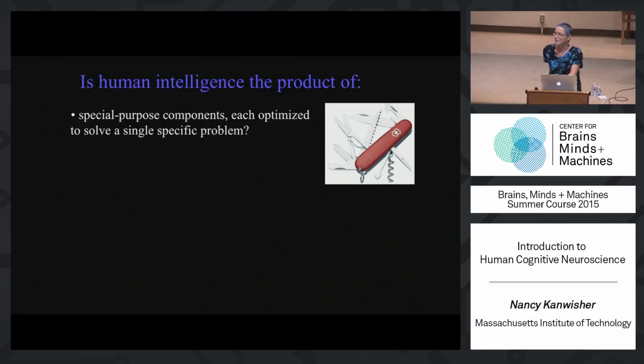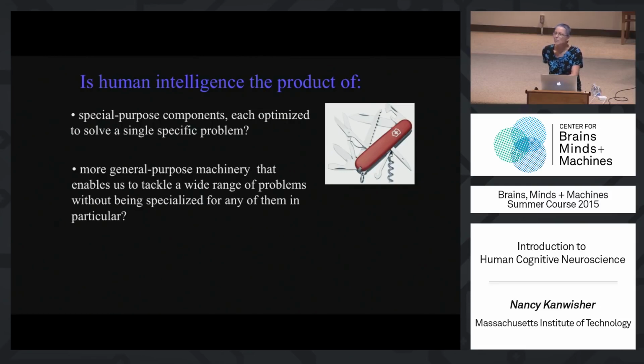Saws don't work that well on paper, and scissors don't work that well on wood. Or whether human intelligence is the product of some more generic, all-purpose computational power that makes us generically smart without optimizing us for any particular tasks. And just to foreshadow the answer, as in all questions in psychology, the answer is both, but we'll do that in some detail.